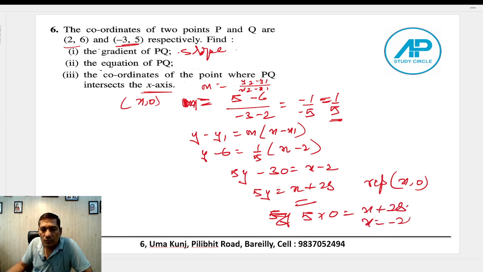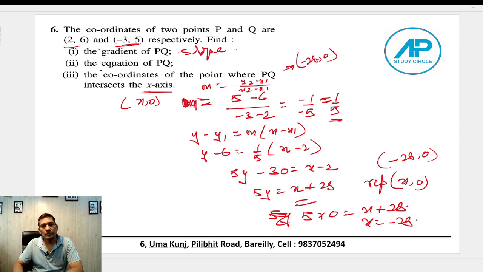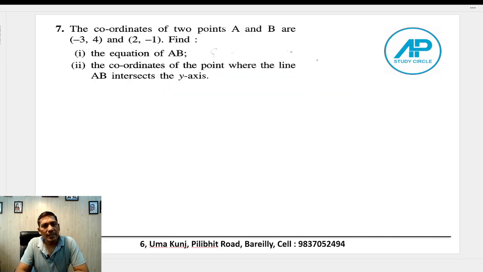X equals minus 28. The coordinates are minus 28 comma 0. The question is clear, I guess. Questions are easy and simple.